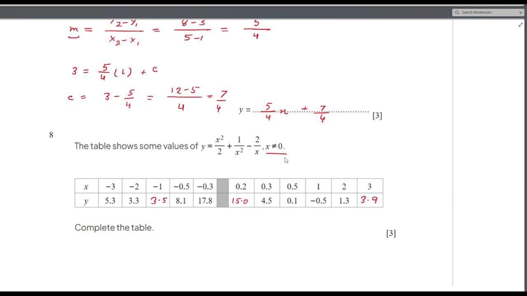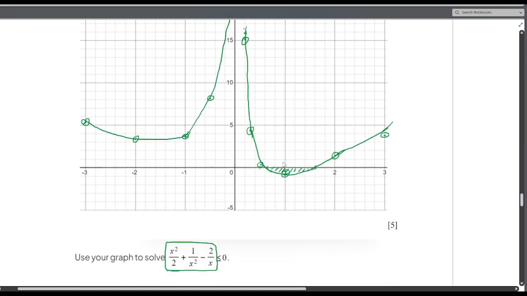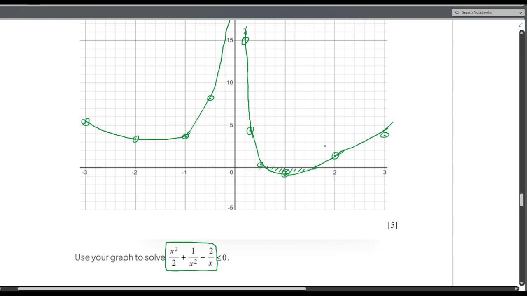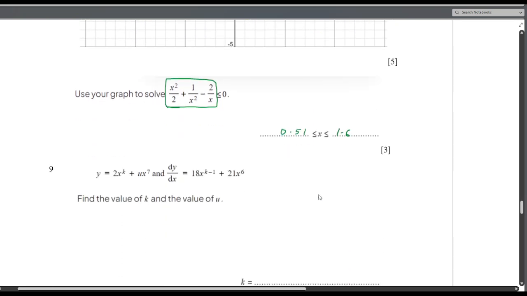For 3 it is 9 divided by 2 plus 1 divided by 9 minus 2 divided by 3. The result was 3.9. When I plot 3.9, it is somewhere at that point. So from this graph I understood that my result will be between 0.51 and 1.6.